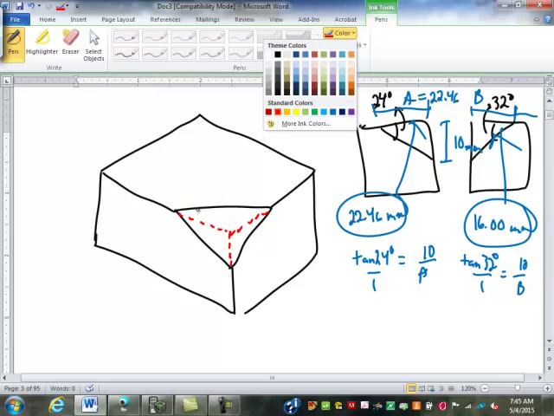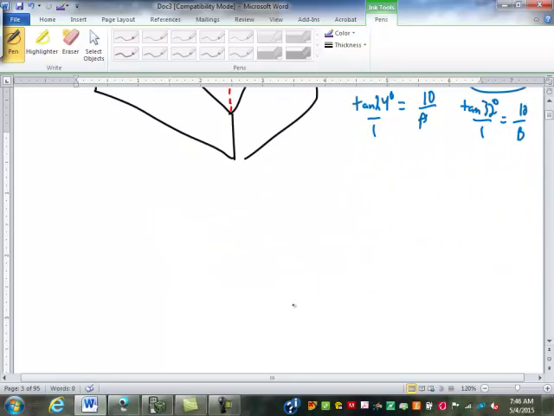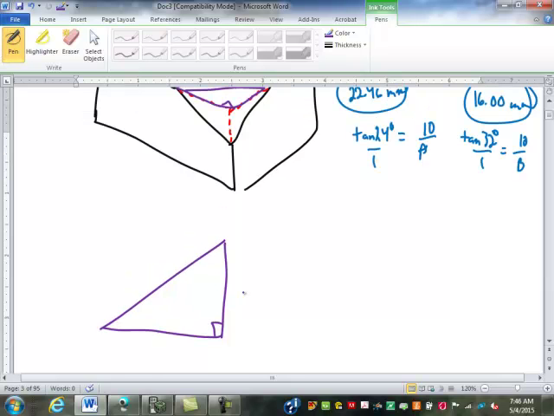Okay, so yes, we are looking at this one on top. What about it? Okay, what's this one? This is 16. Which one? That is what angle?